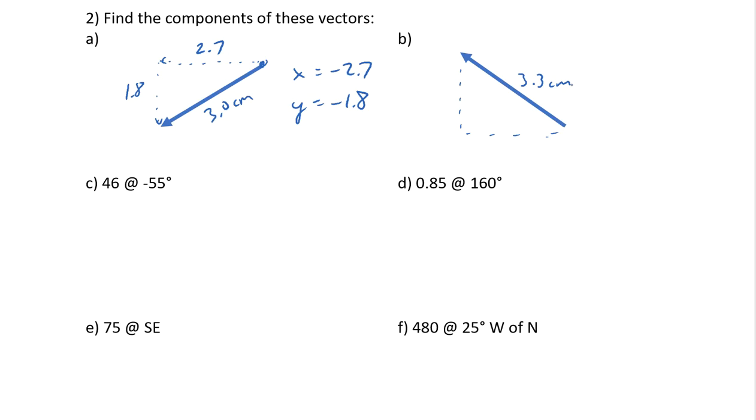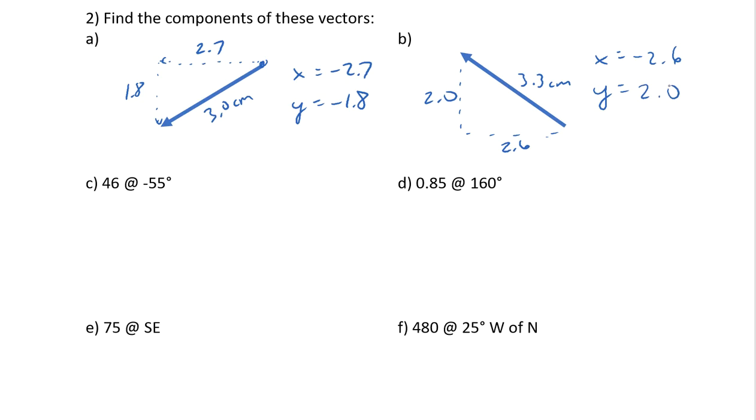It's going to the side around 2.6, and the vertical part is around 2, somewhere around there. So my x component is 2.6. It is going to the left, so I'd make it negative 2.6. And my y component would be 2.0, and it's going up, so it can stay positive.